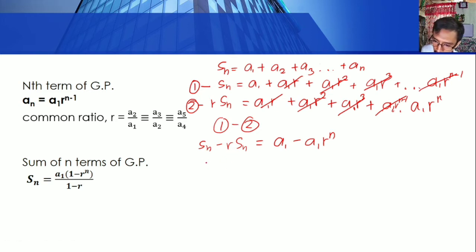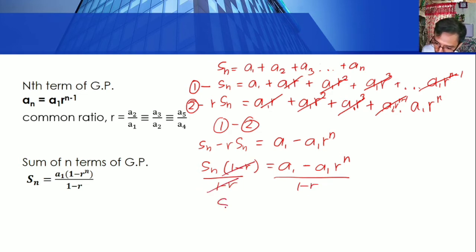So, S sub n times 1 minus r is equal to a sub 1 minus a sub 1 times r raised to n. Para makuha natin yung S sub n, i-divide lang natin ng 1 minus r yung both sides of the equation. So, 1 minus r, 1 minus r, magka-cancel to. So therefore, S sub n is equal to a1 minus a sub 1 times r raised to n over 1 minus r.